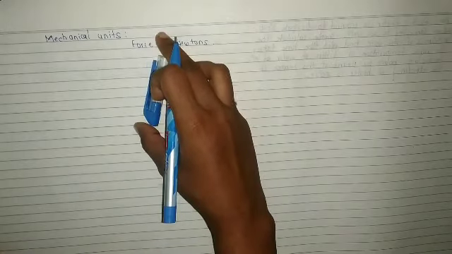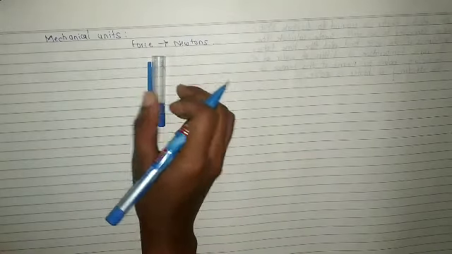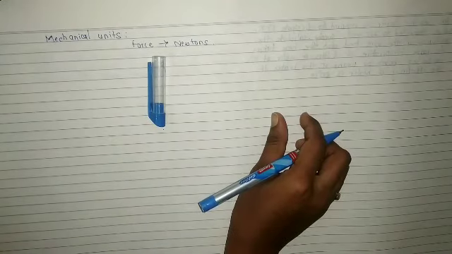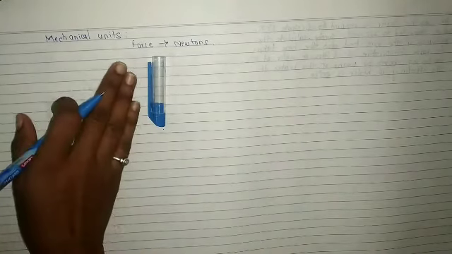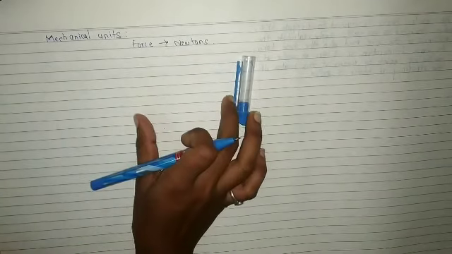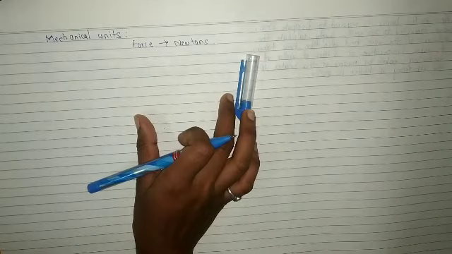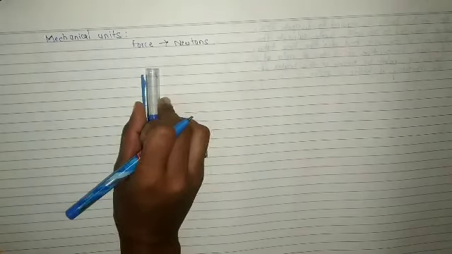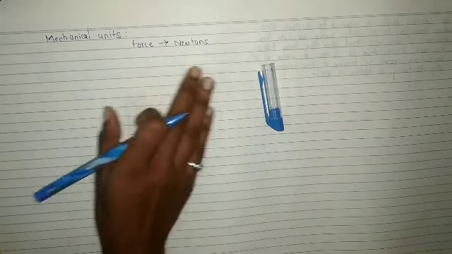We have to displace this body from this position to this position, so we have to apply force. Whenever I apply force, this body changes its position from this point to this point.